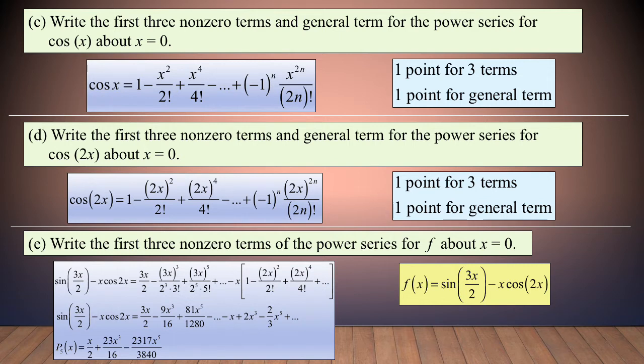So the fifth degree power series, or if you want the fifth degree Taylor polynomial, is x over 2 plus 23x^3 over 16 minus 2,317x^5 over 3,840. 3 points for this problem, 1 point for each term.